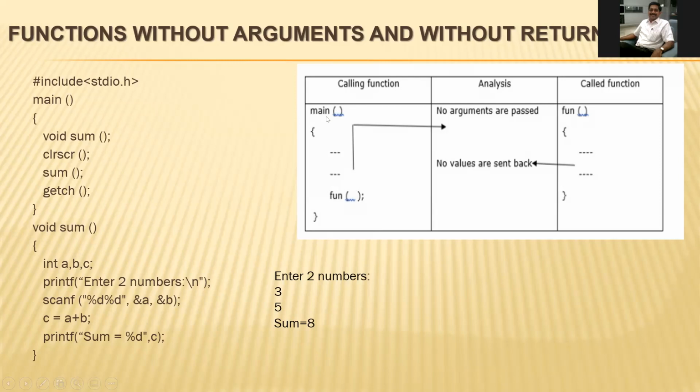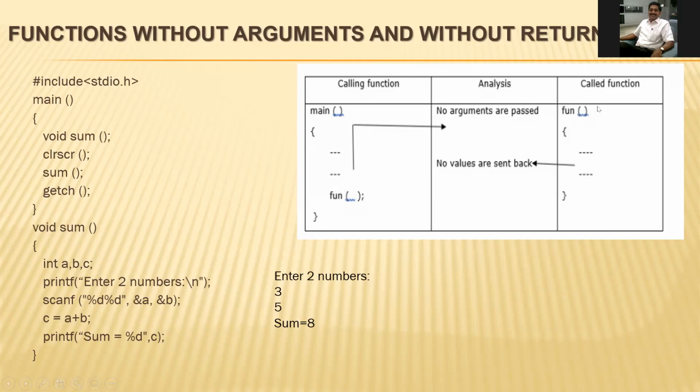The main is a compulsory function, as we know, and it contains some statements as well as the function call. We have specified the call here, and this will go towards the called function.